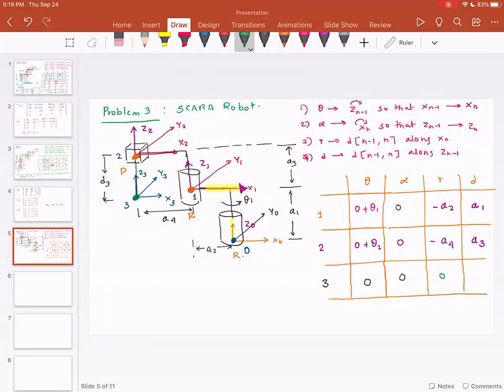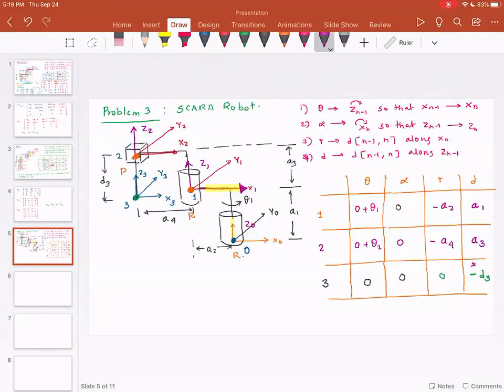And last but not least is the distance along the axis Zn minus 1. Please note these two are apart by d3, but d3 is going in the opposite direction of z2. So I need to write this down here.